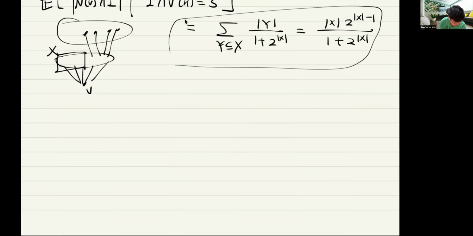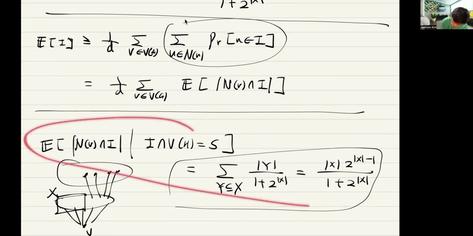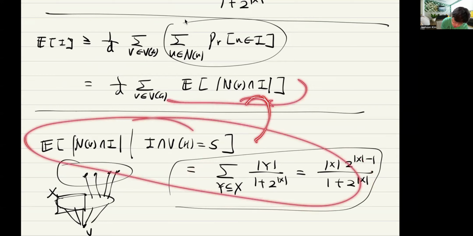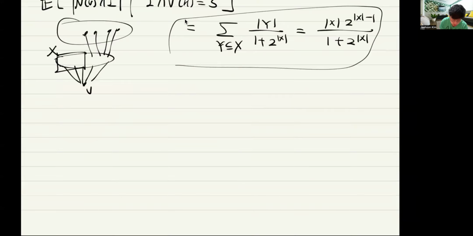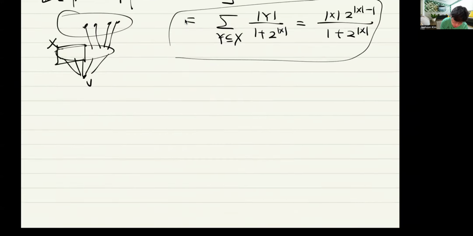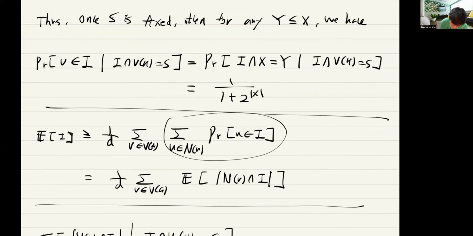Okay. Then from here, you can actually get bounds. So now we know that we have collected all the necessary inequalities. We can prove this. So let's say twice the expectation of the size of I is at least what?